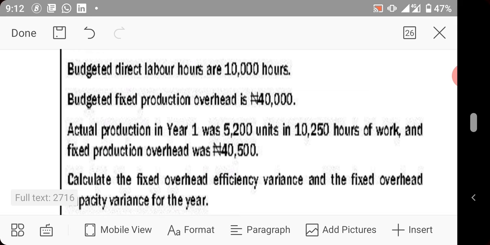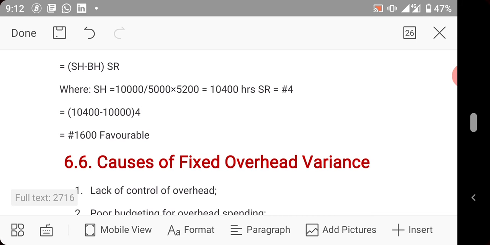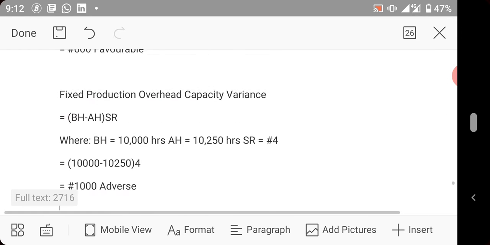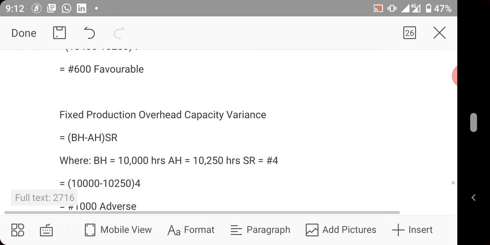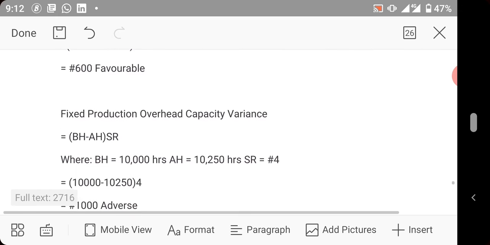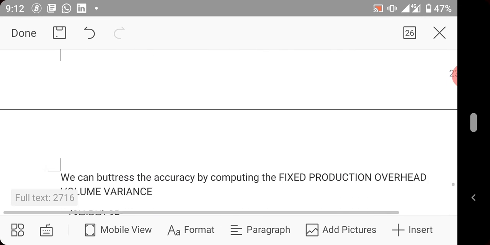So since it is higher, if actual unit is higher, that volume variance will be favorable. If it is lesser, it will be adverse. So you can see that it is favorable. Now if you add these two, they must give you that answer: 600 plus minus 1,000 will give you 1,600.